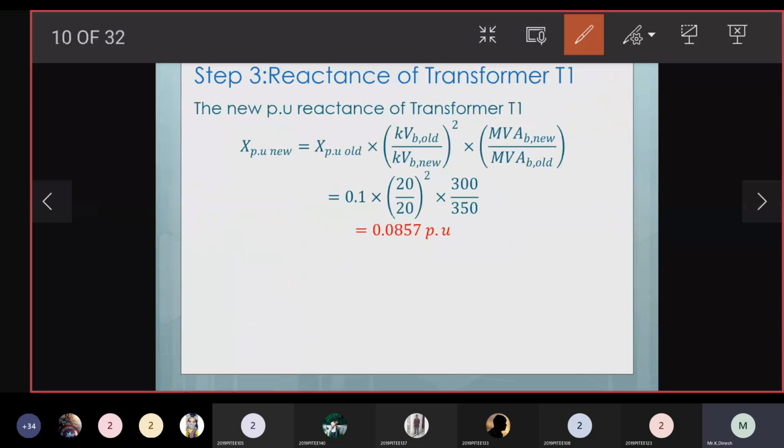So MVAB new value never changes. For all the machines, MVAB new is common. So if you are calculating, 0.1 into 20 by 20 whole square into 300 by 350. So what do you get? 0.1 into 300 by 350.